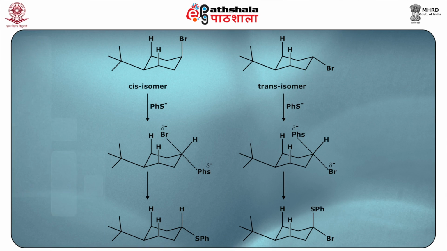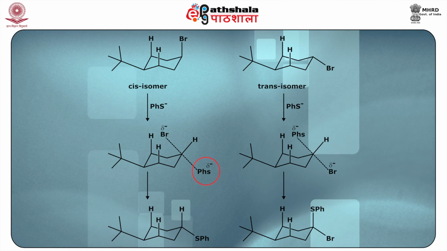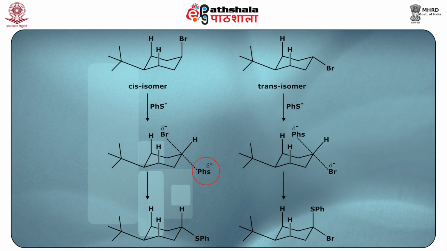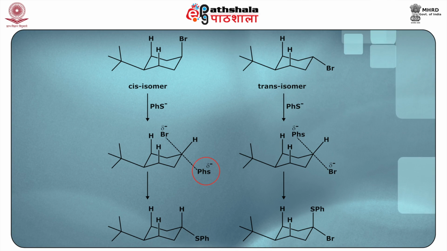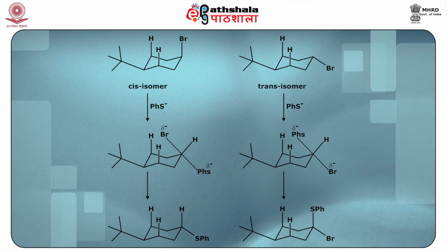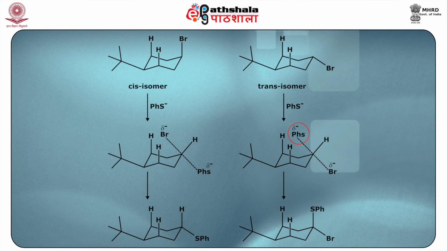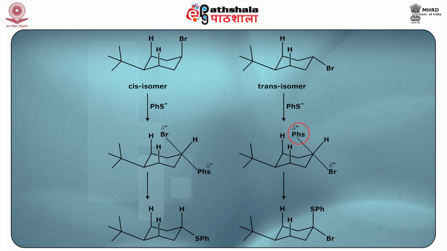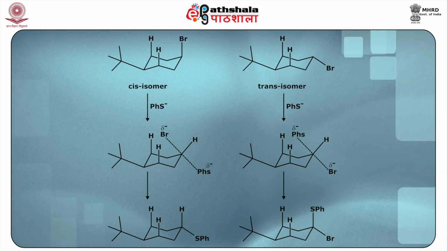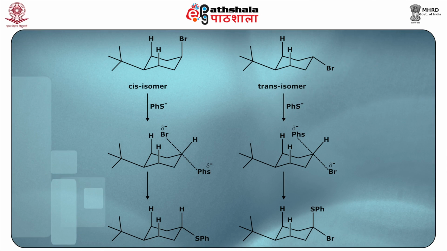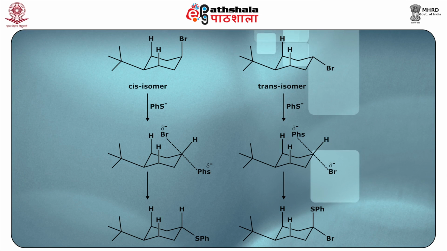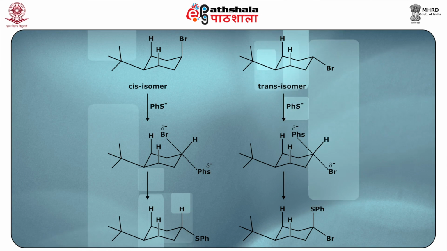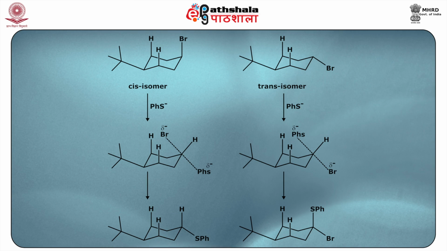isomer, because in the cis isomer the nucleophile, which is bulky, is coming from an unhindered side, so it will go faster. Whereas in the case of the trans isomer, the nucleophile is coming from the hindered side and it is going to slow down the rate. So the scheme has been shown with the nucleophile as the phenyl sulfide ion, and the reaction is carried out in aqueous ethanol.